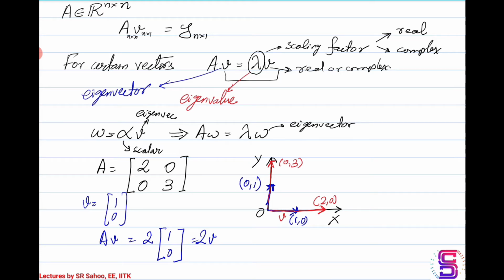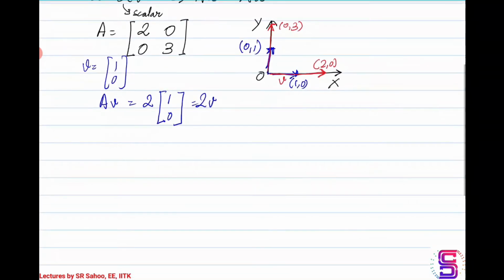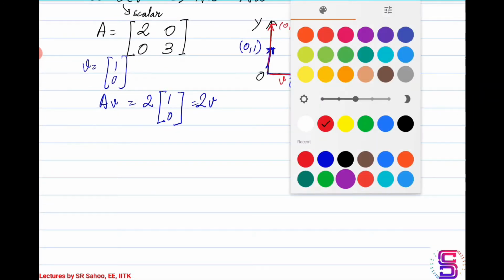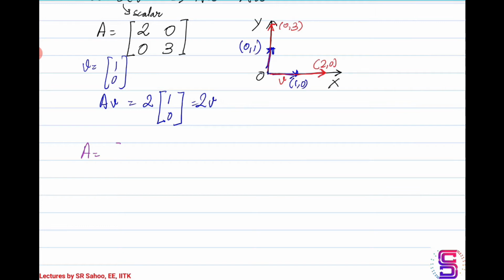Okay, and so on. Similarly, let's take another example. Let's have A which is [2 0; 0 0.5]. Let's say this is what it is.